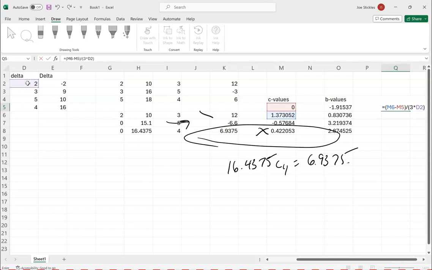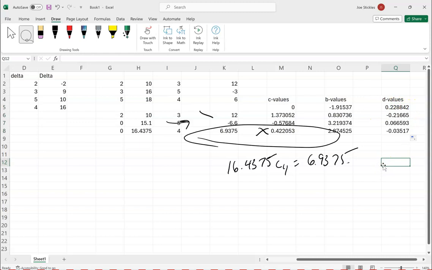So difference of consecutive C's. So your consecutive C's, the first 2 consecutive C's are M6 and M5, right? Okay. And then again, once we hit enter, we should just be able to copy these down and get those. So when I was playing with this earlier, I must have messed up something. Okay.